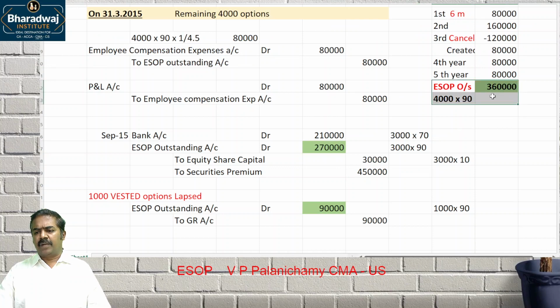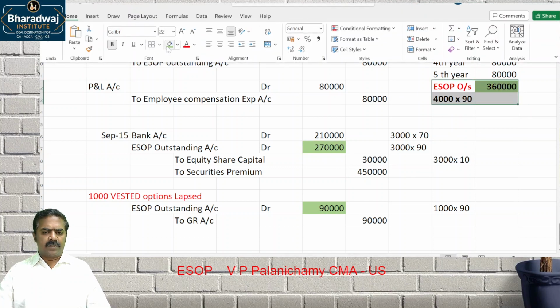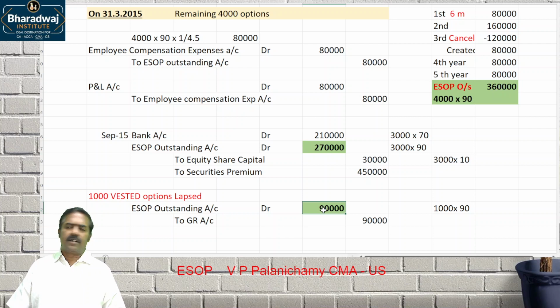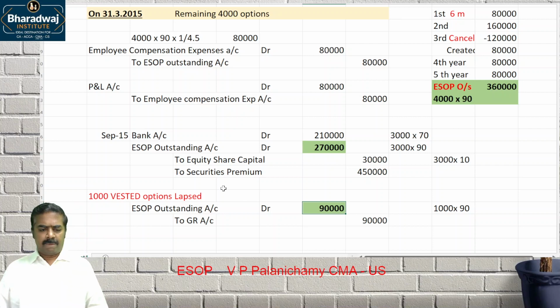We had an accumulated balance of 3,60,000 in ESOP outstanding. Of that, 2,70,000 is used, and the remaining 90,000 worth lapsed is transferred to which account? General reserve account. This is during which financial year?